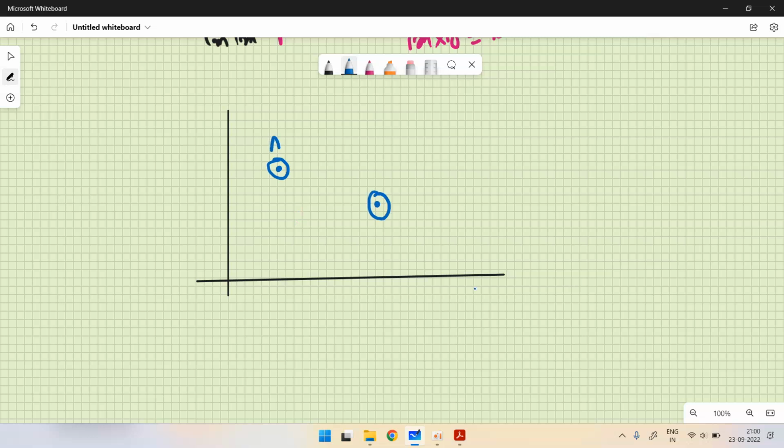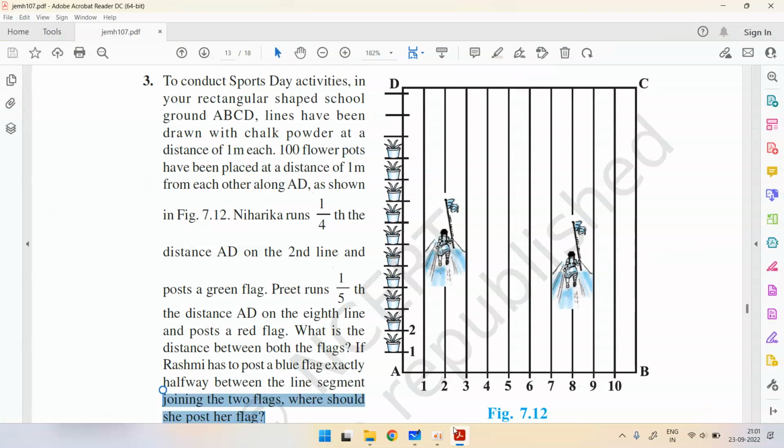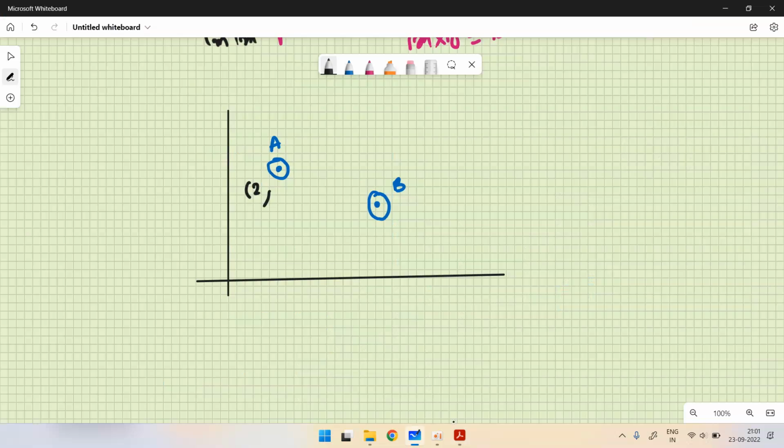What is the coordinate of the point? This is on the second line, and it was 25 meters, so (2, 25), and this was on the 8th line, 20 meters, so (8, 20).